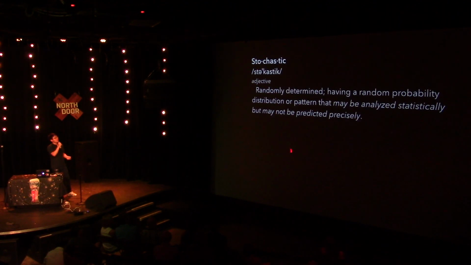A more professional term to describe this process is stochastic, and it's defined as that the entire thing can be statistically described or analyzed, but you cannot precisely predict how the cloud itself may look.